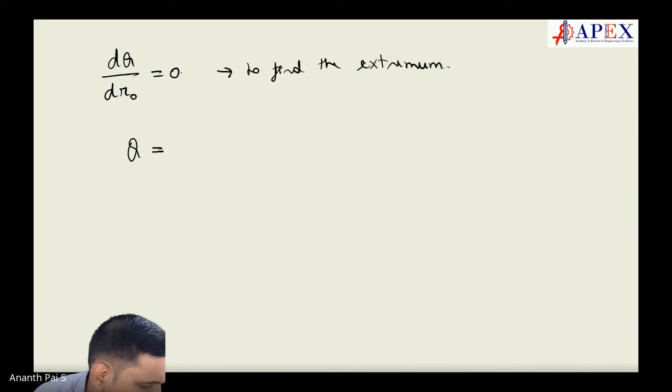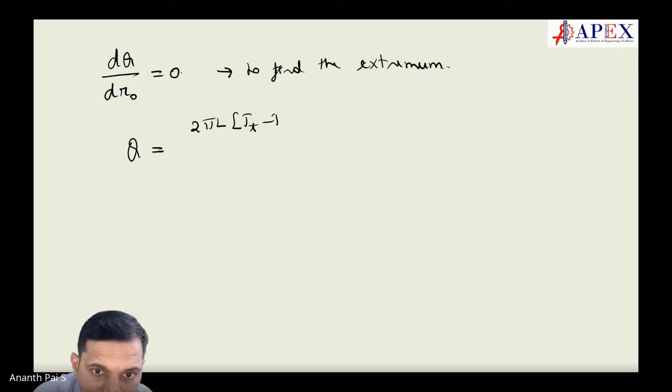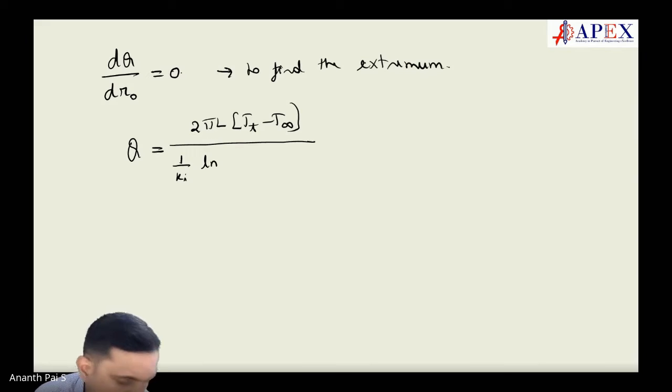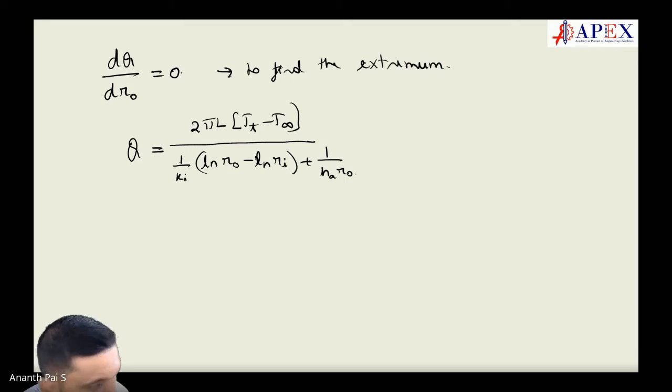We will write q is equal to 2 pi l tt minus t infinity divided by, can we write 1 by ki into log of r naught minus log of ri, students just see here, plus 1 by ha into r naught. Fine. Now how can we lower this still?